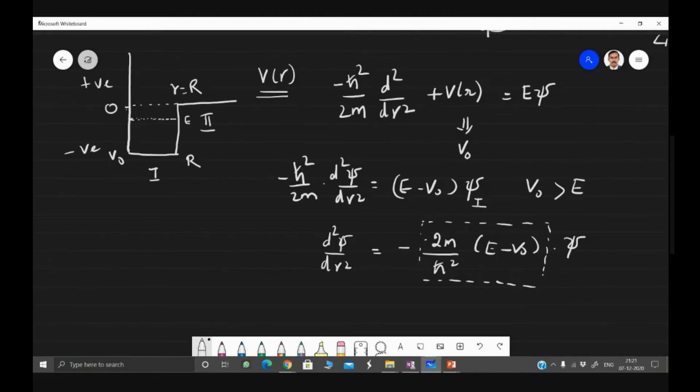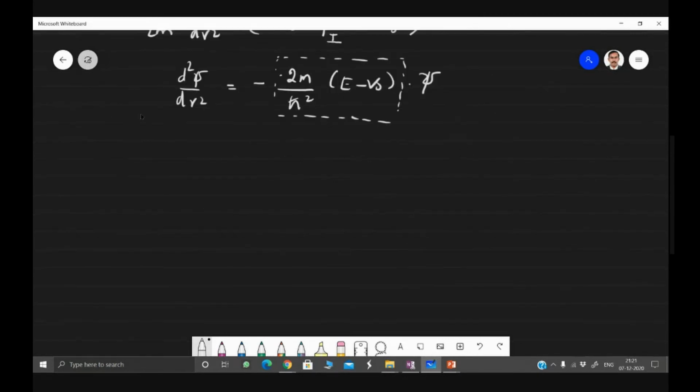Hence V naught will be larger than E, so this term will be always a positive quantity. And hence we have d square psi by dr square as minus, let me write this as k square psi 1.